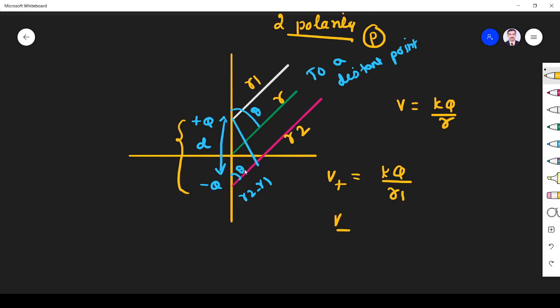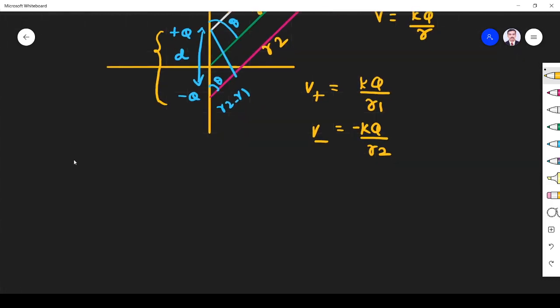The potential produced at point P due to the negative charge is V minus. So that I write as K into minus Q, so minus comes with the distance between the negative charge and the point, R2. Okay. Now what is the total potential?